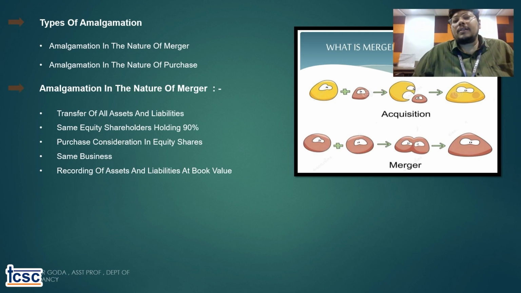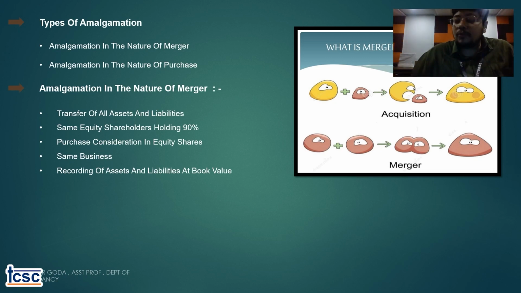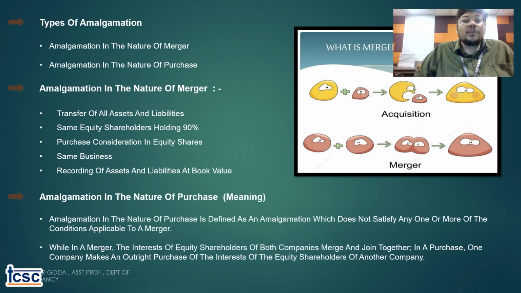Third important part in amalgamation in the nature of merger is that the purchase consideration has to be satisfied in equity shares only. The purchase consideration cannot be given in the form of preference shares, cannot be given in the form of cash. The transfer has to be in the mode of equity shares only. Then the same business will be continued, and the recording of assets and liabilities has to be taken at book value or balance sheet value.